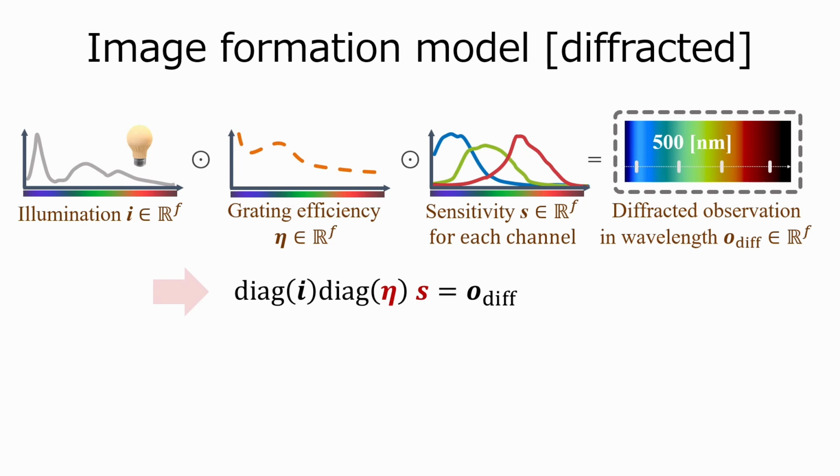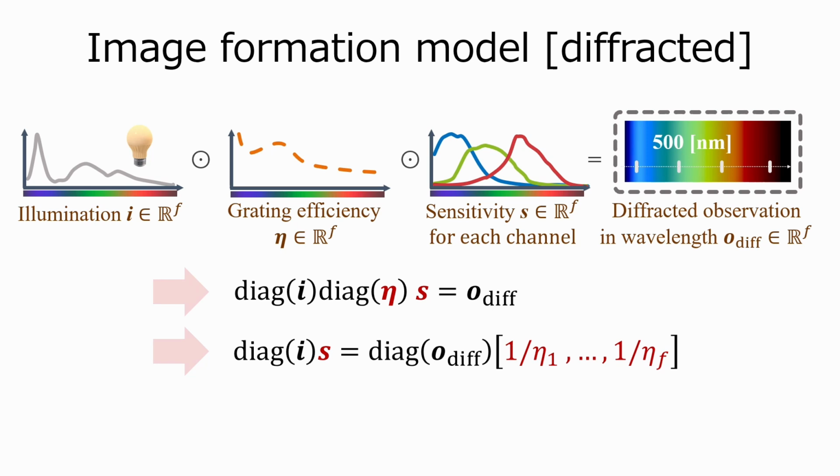In summary, the diffracted light image formation model can be represented as the element-wise product of the illumination, the diffraction grating efficiency, and the camera's spectral sensitivity. Mathematically, this can be written as the product of a diagonal matrix of illumination, diffraction grating efficiency, and the sensitivity, which corresponds to the observed values.